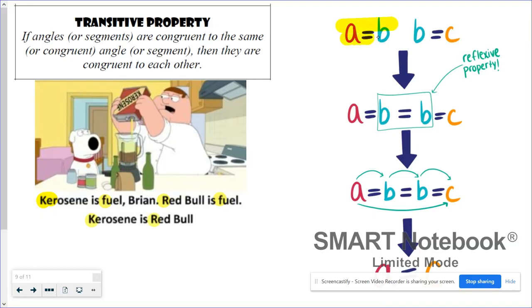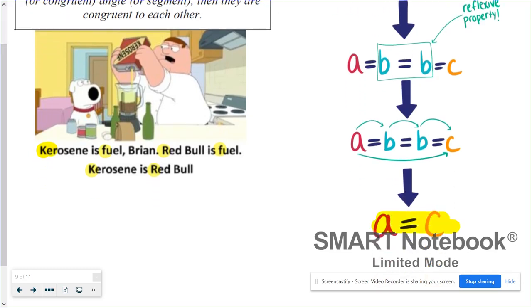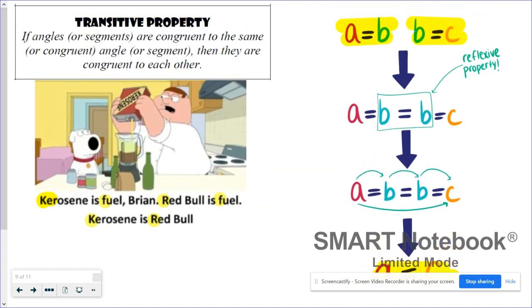Or like A equals B and B equals C. What does that mean? That means A equals C. Okay, so the transitive property can be used to prove that angles are congruent to each other because they're congruent to the same angle. Can also be used to prove segments are congruent to each other because they're congruent to the same segment. Okay.